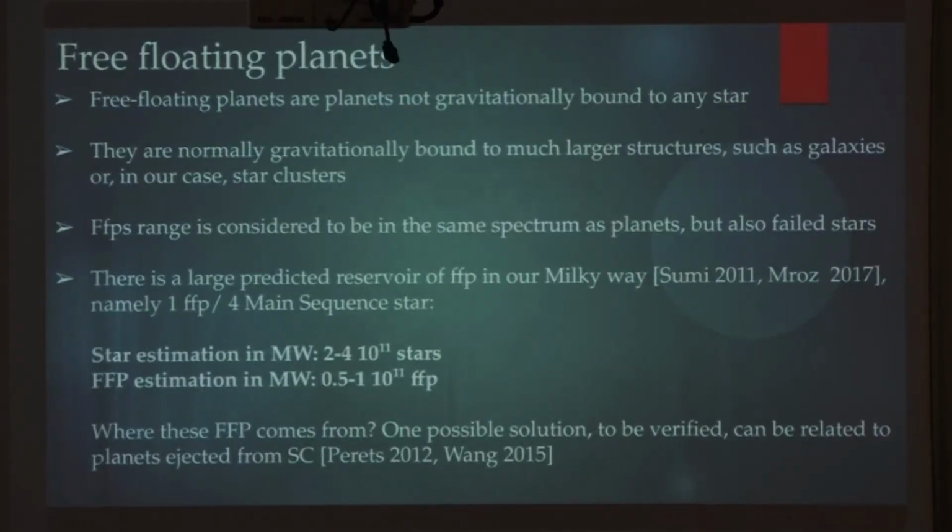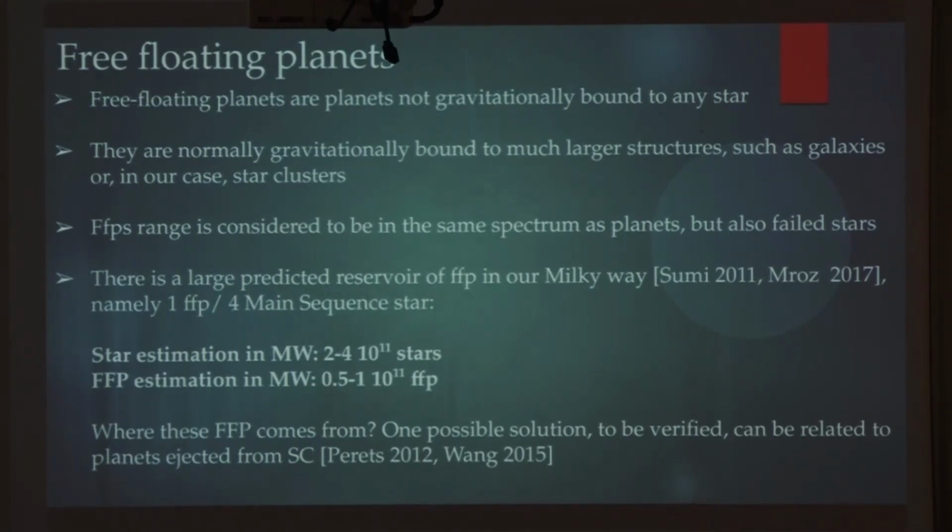What are free-floating planets? The definition is quite broad, but in my case, I will keep it shorter, in the sense that they are simply planetary-mass objects that are not gravitationally bound to any star. They can be not gravitationally bound to anything, but normally they are gravitationally bound to either a galaxy component or to a star cluster, like we consider in this talk. There are a lot of predicted free-floating planets.